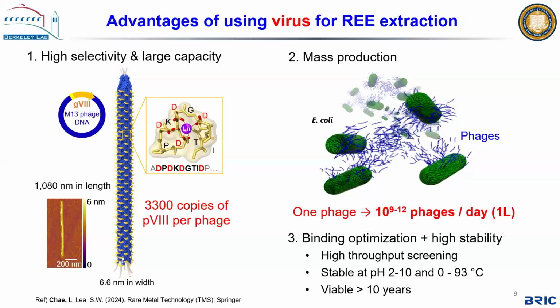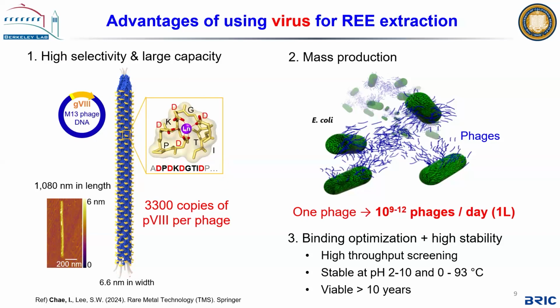Once this virus has this specific binding motif, it has around 3,000 to 4,000 coat proteins on the surface. So with this high selectivity, it also has a large capacity to bind rare earth elements on the surface. And second, this is a virus, so it inherently has the advantage of producing many viruses through the infection of E. coli.